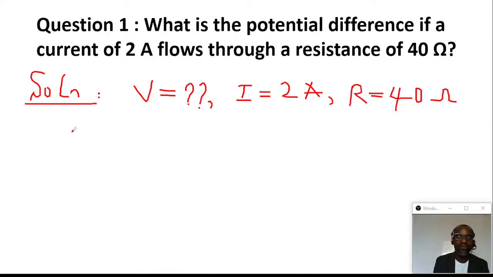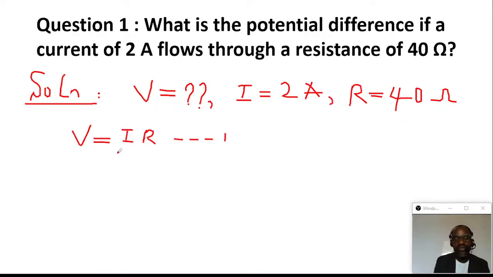Generally, we have that potential difference V is given as I, being the current, times R. And this is also known as Ohm's law. V = IR. We call this equation 1.